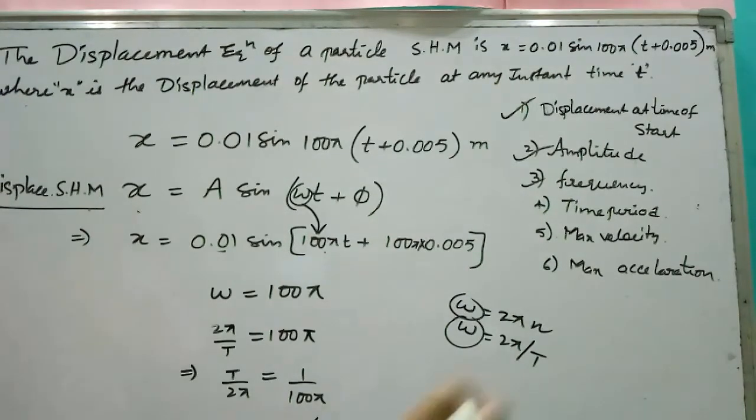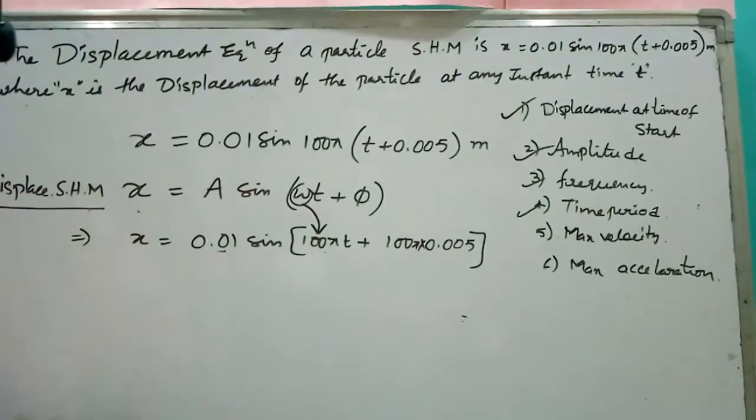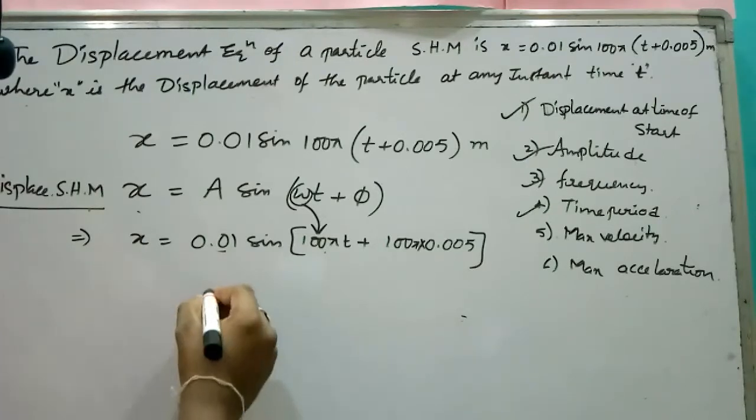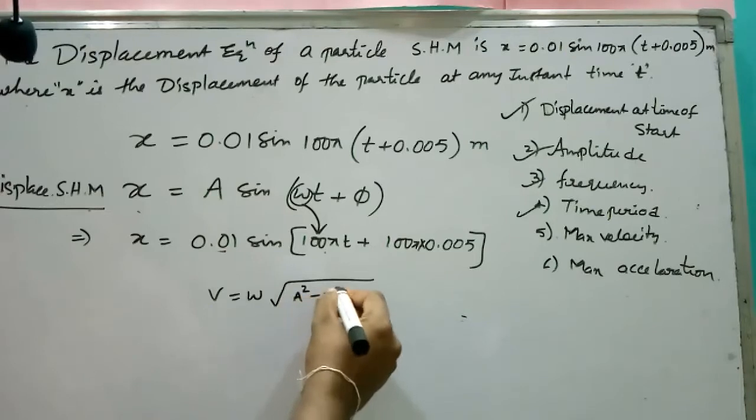Okay. Next one. Now we have to calculate the maximum velocity. What is the maximum velocity equation? The general velocity equation is v equal to omega into under root of A square minus x square.